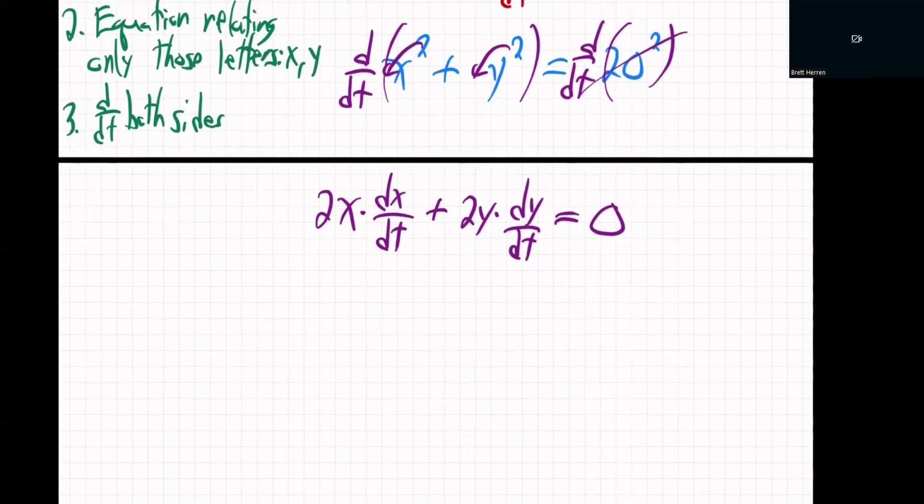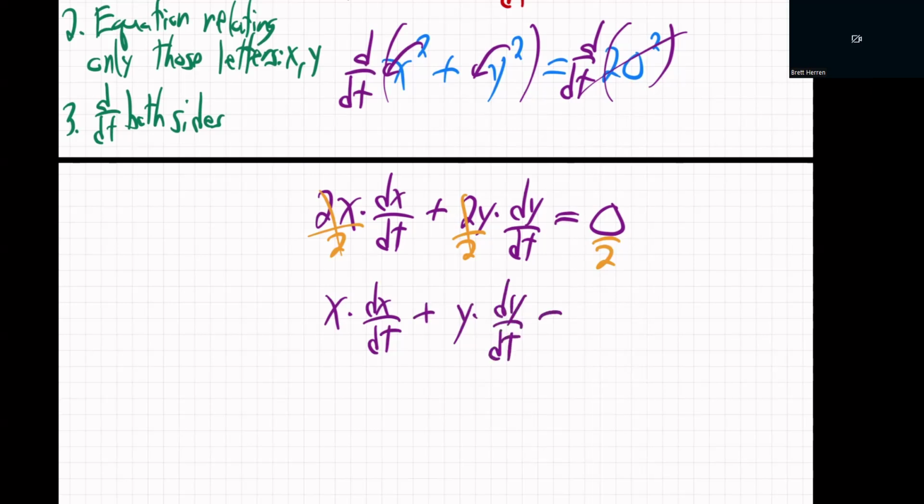We can get rid of these 2's right away, dividing by 2. So we can clean that up: x dx/dt plus y dy/dt equals 0.